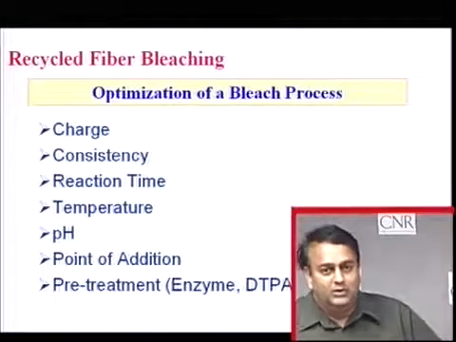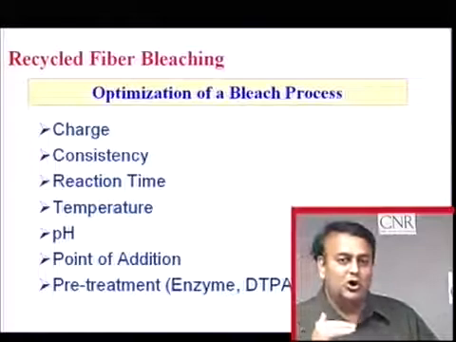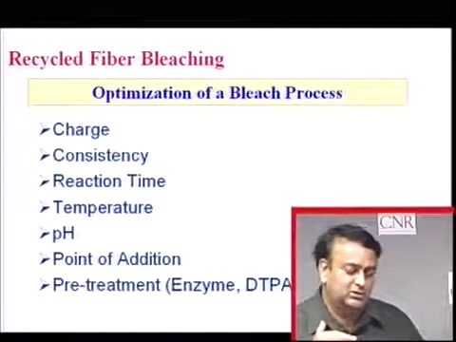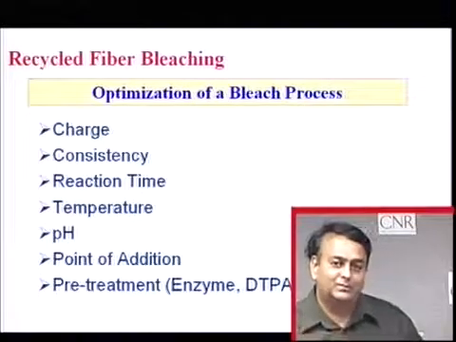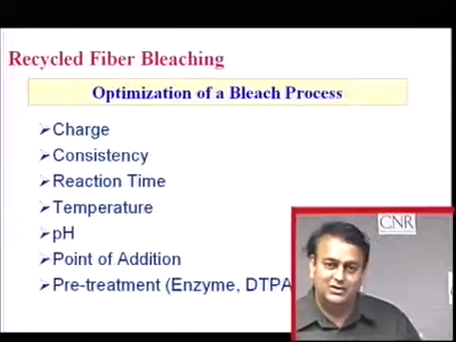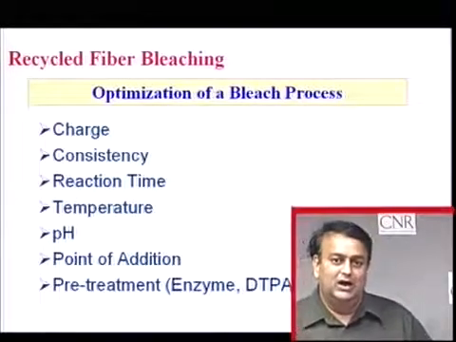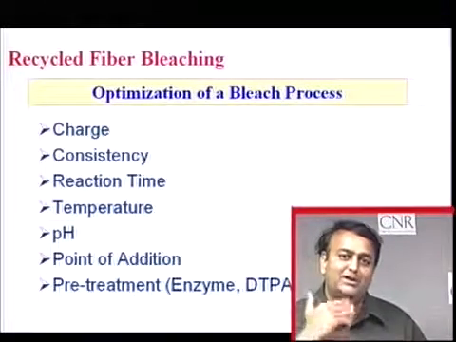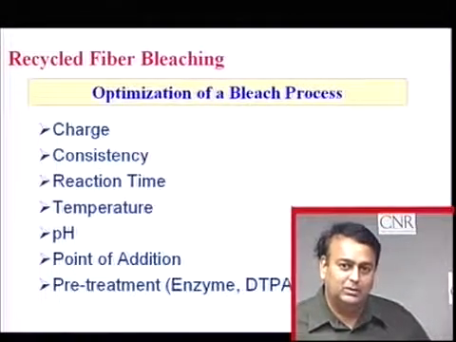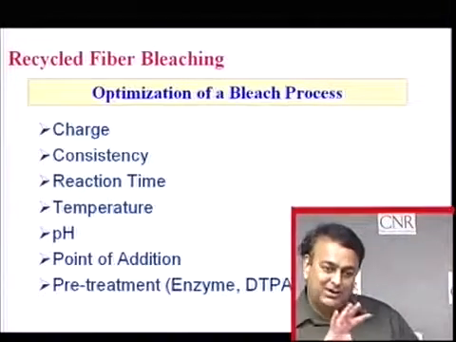So what you do now is add a particular charge of hydrosulfide or FAS or peroxide. Let's stay with hydrosulfide. Let's add 1% hydrosulfide at various pH, and then look at unbleached brightness and bleached brightness, and see where it is at the optimal level. Then choose that pH.